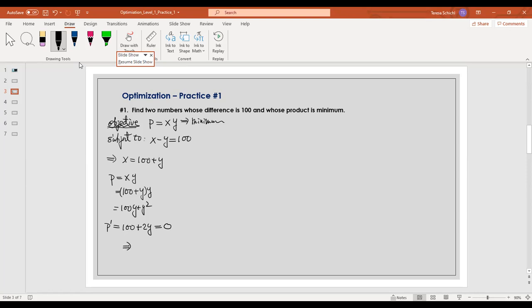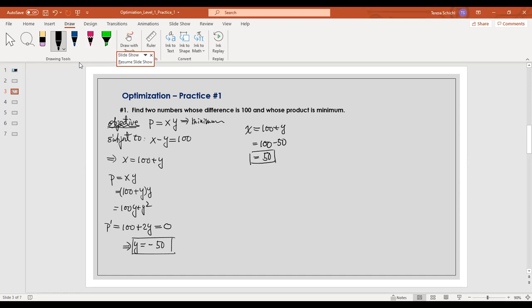If you set this equal to 0, y is negative 50. If y is negative 50, then x is equal to 100 plus y, so x is positive 50.